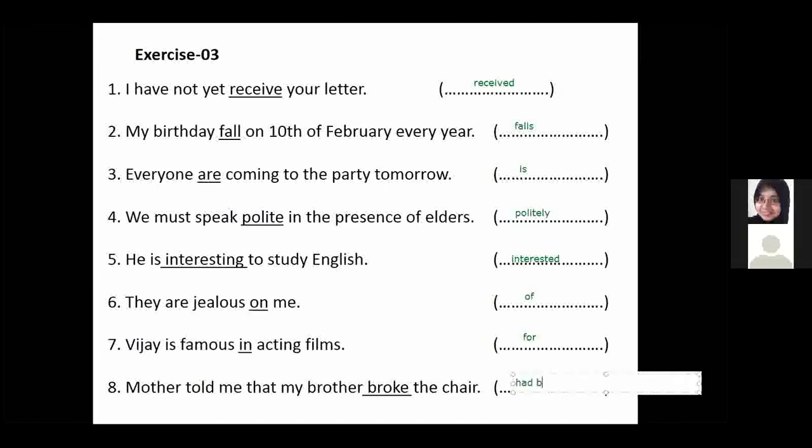So what is the answer? Had broken. When you are doing error correction questions, you have to have a good idea of all these areas. Then only will you be able to get the correct marks. Hope you have understood. If you have any doubts, you can put them in the chat box. So let's move on to the next one.